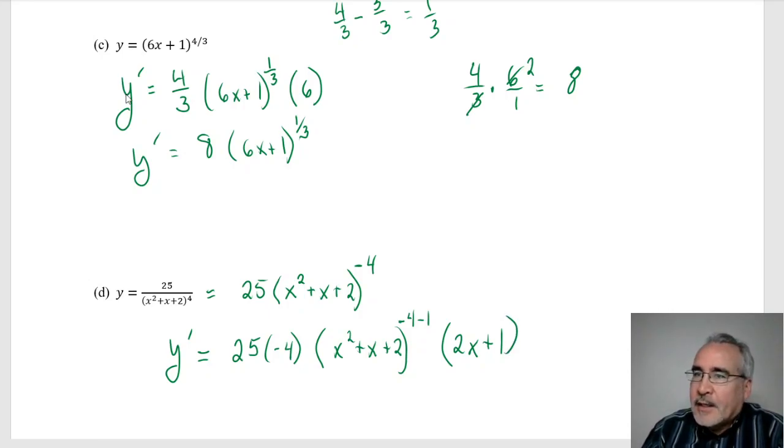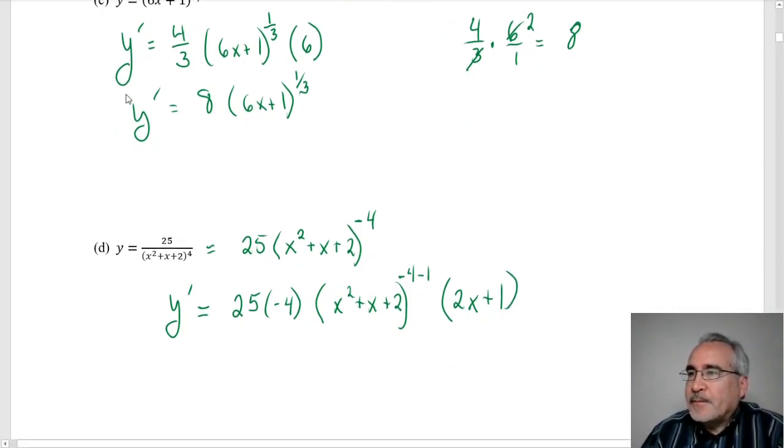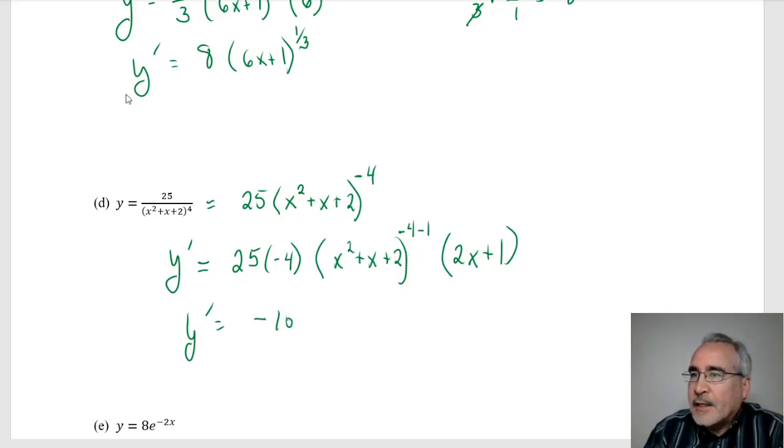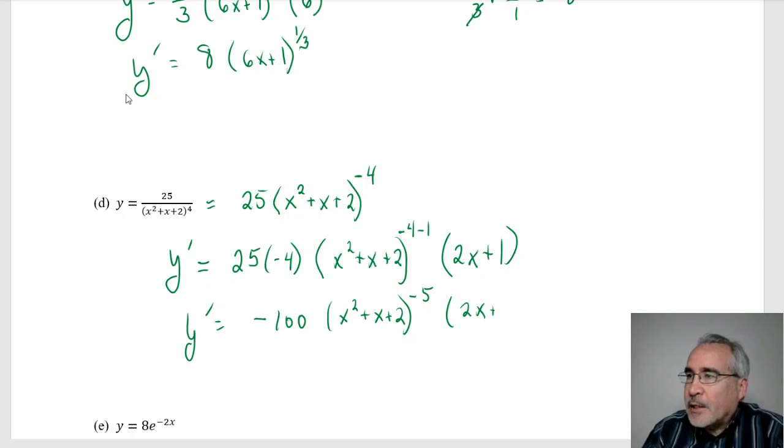Okay, so let's go ahead and give ourselves a little bit more room. This derivative, 25 times 4 is 100. There's a negative on it. This one is going to be x squared plus x plus 2 to the negative 5 power times 2x plus 1. And if you want, you can move this back down to the denominator.